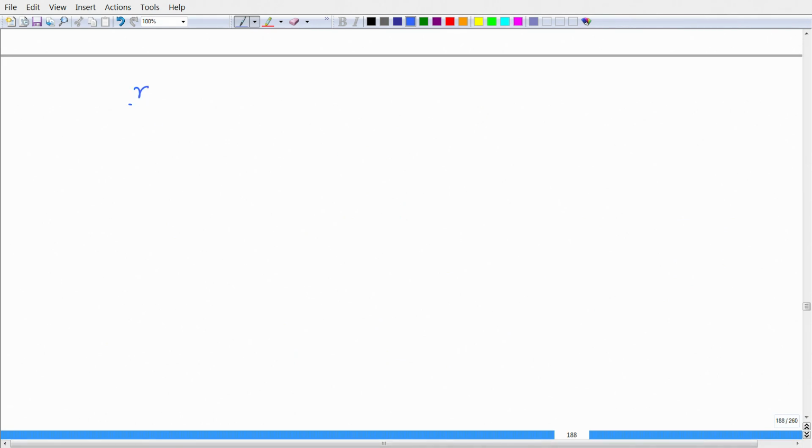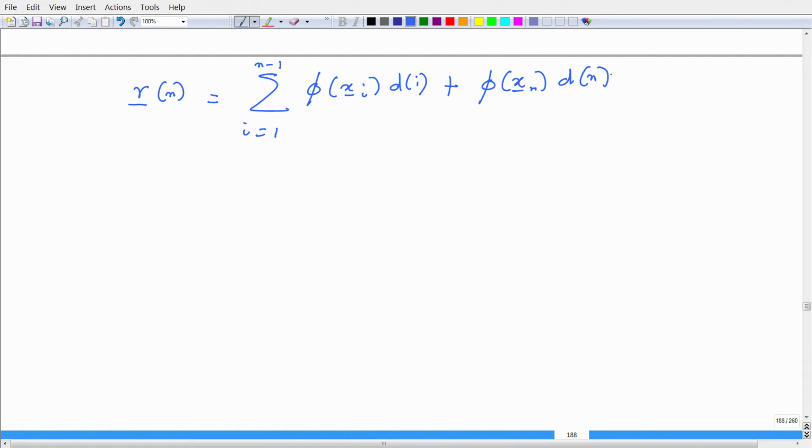Now, r of n equals summation i equals 1 to n minus 1 phi of xi d of i, plus phi of xn times d of n, right. I am just splitting it in this form.